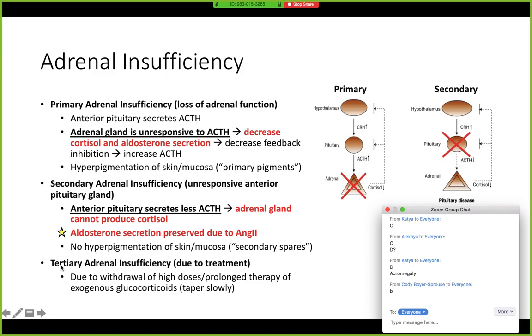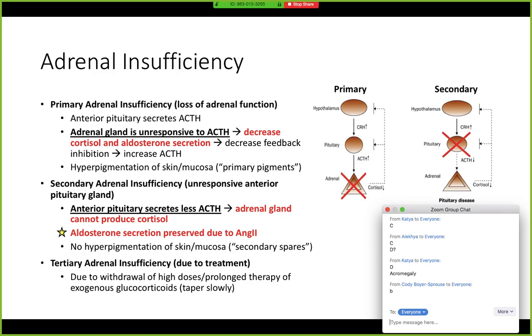And then a little bit lower yield here would be tertiary adrenal insufficiency, and this is due to withdrawal of high doses of exogenous glucocorticoids. So basically, if you're taking an exogenous drug, you're getting a lot of feedback inhibition to the point where your HPA axis is not really responding.